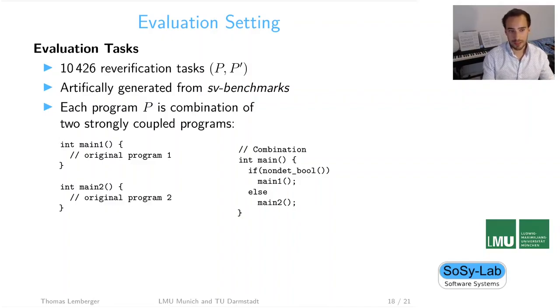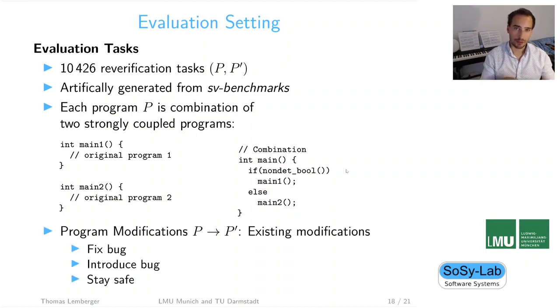So we used the main methods of the two original programs. Here we call them main 1 and main 2. And we created a new program by joining these. We have a new main method that non-deterministically calls one of the two. So there's no interaction between the components.